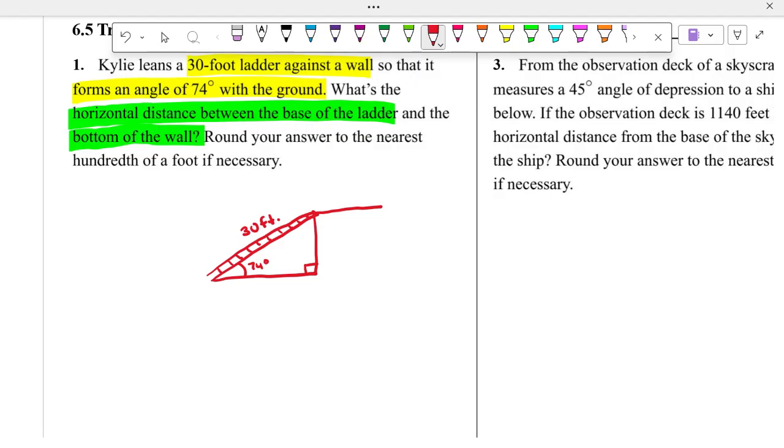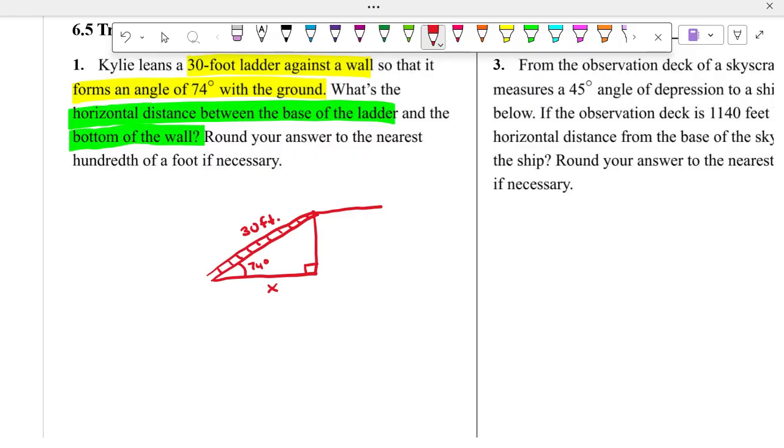So what are we trying to find? So guys, what's it asking us to find? Basically the length of the ground between the bottom of the ladder to the bottom of the wall. So that'll be right here. They could have also asked you for the length of the wall, and you would have picked this side, but they didn't.